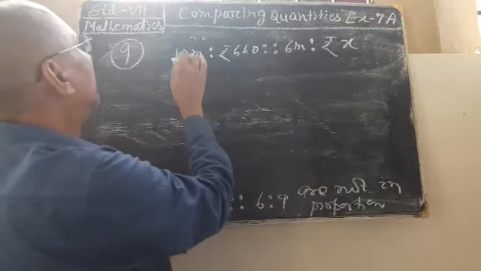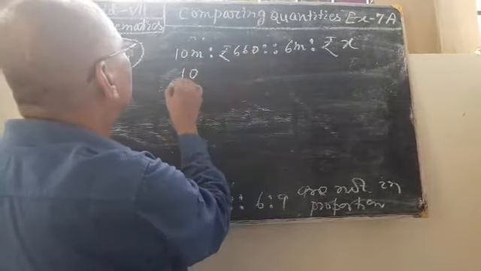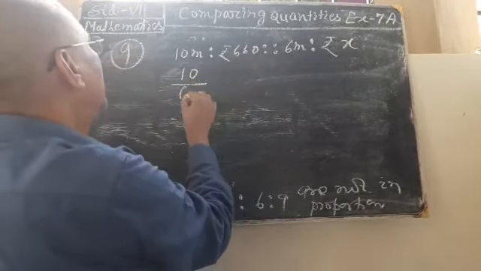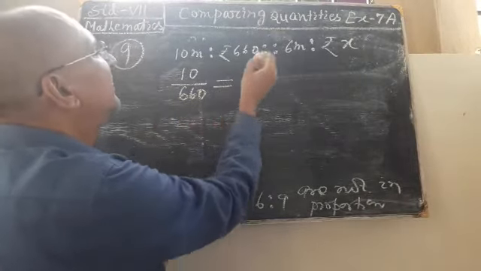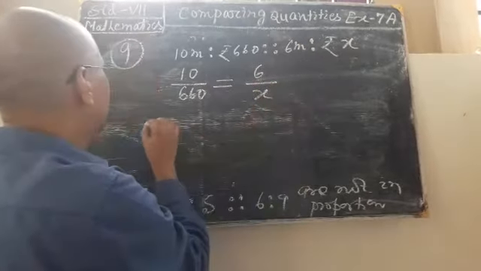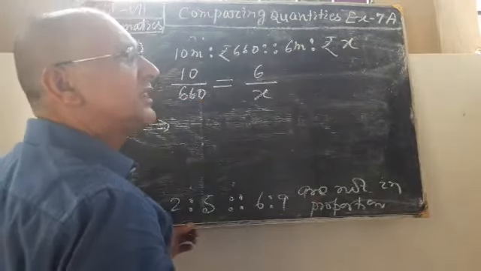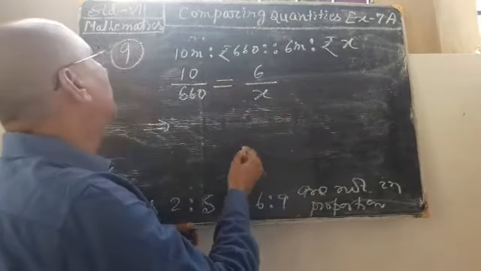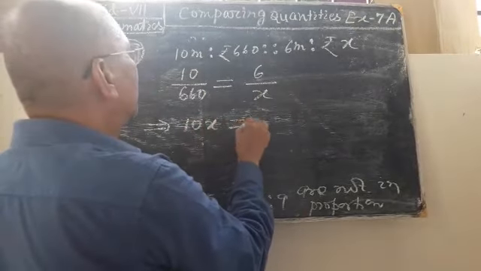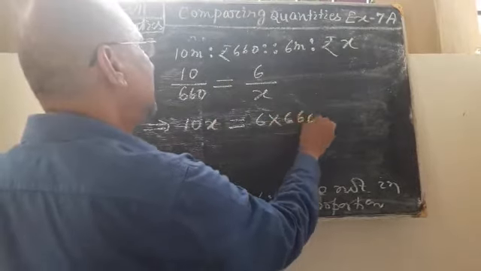Here, this is the length of the cloth and this is its price. So, 10 by 660 is equal to 6 meters and the cost is x. You can take it in the form of extremes or means or in this very form also. So making cross multiplication, 10x is equal to 6 into 660.